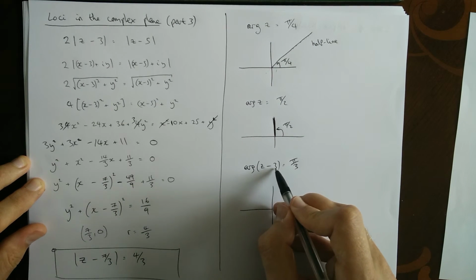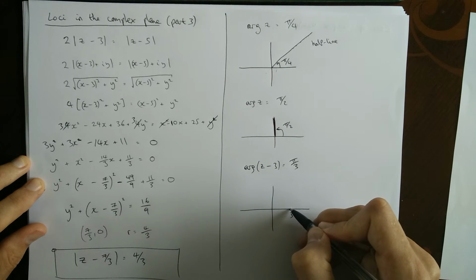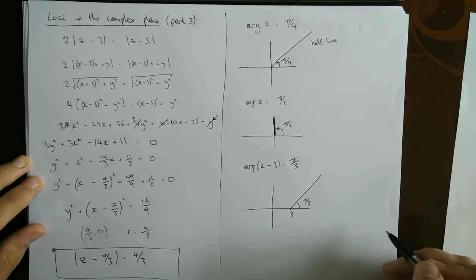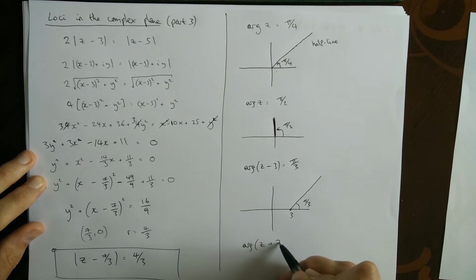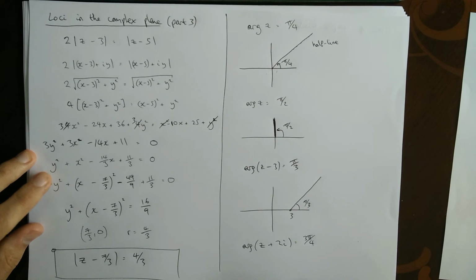This time we've got to start at 3, and we want an argument of pi/3. We could also do things like the argument of z plus 2i is equal to, I don't know, 3pi/4. And that would be okay.